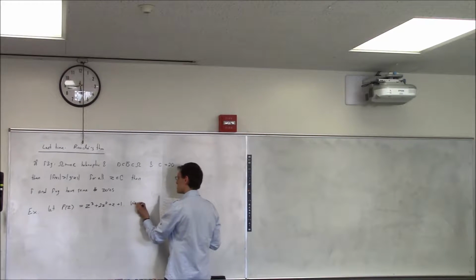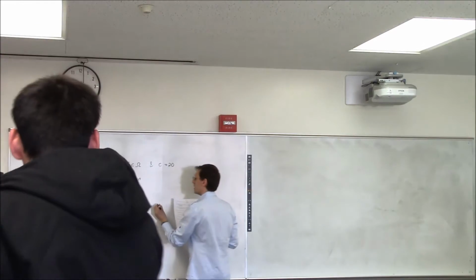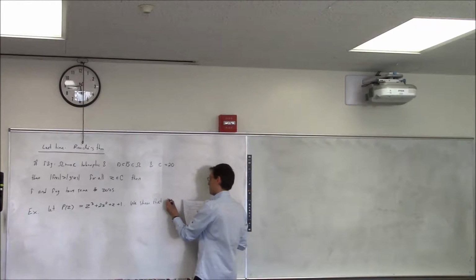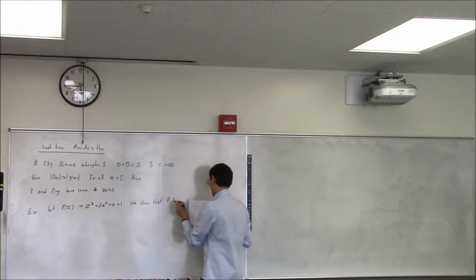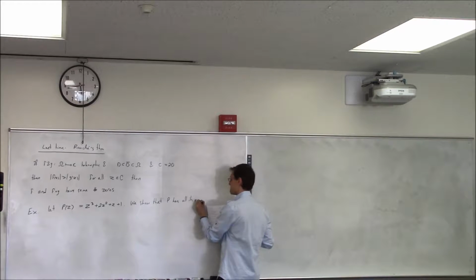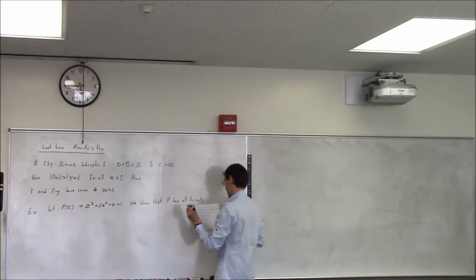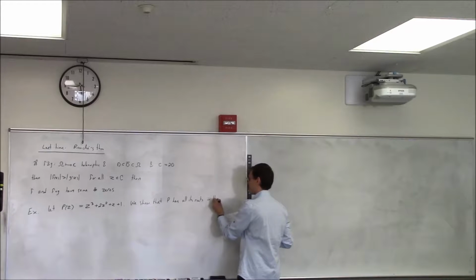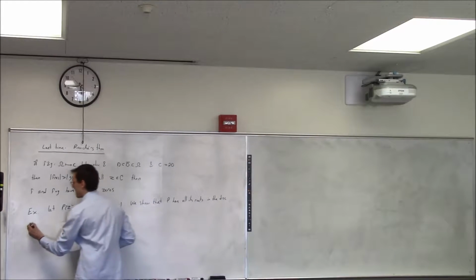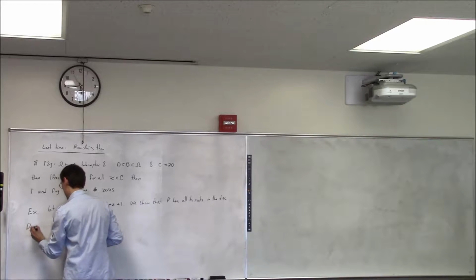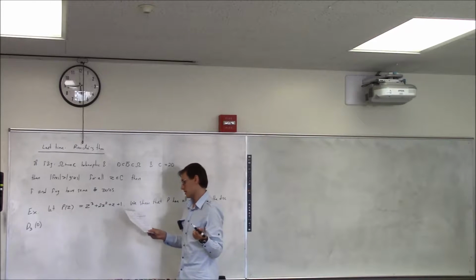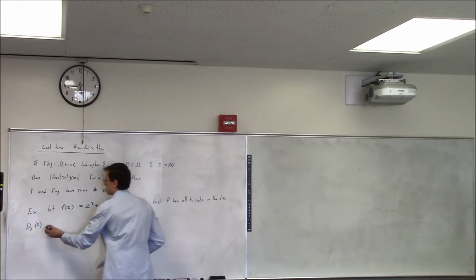We show that P has all roots in the disk D3 centered at 0, so the disk of radius 3 centered at 0. And here is how we can do that.